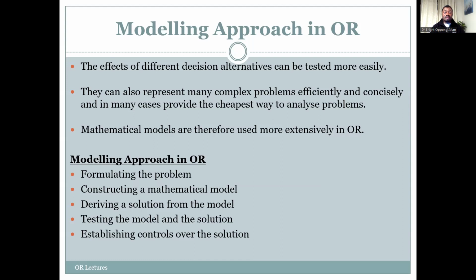It becomes cumbersome with physical models. However, mathematical is not. You just have to change the decision variables, or the variables that are controlling the main objective, and then see its effect or impact on the objective. So mathematical models are therefore used more extensively in operation research.